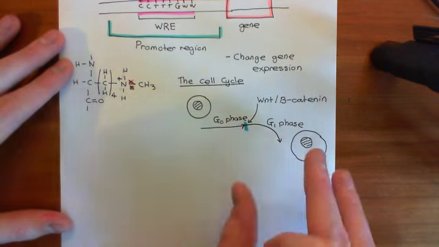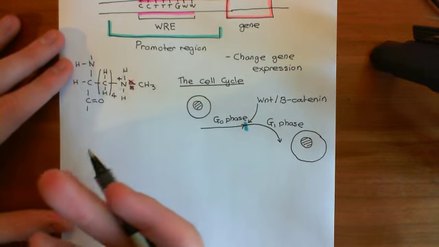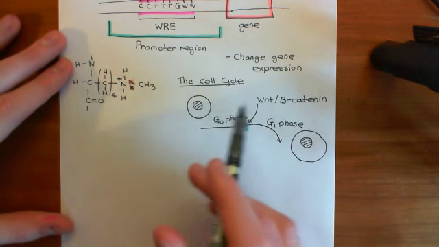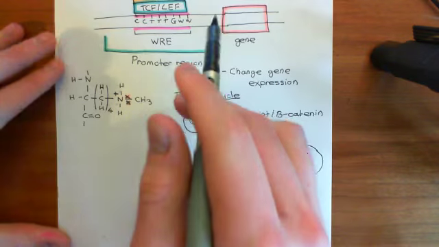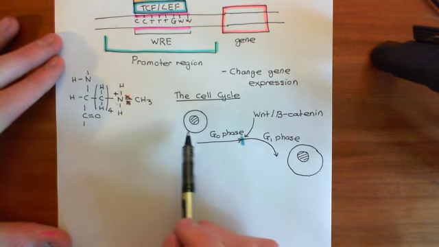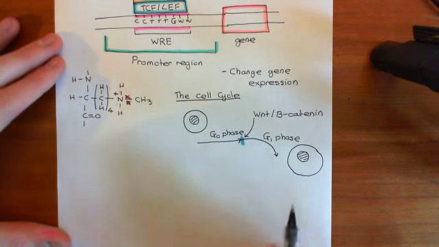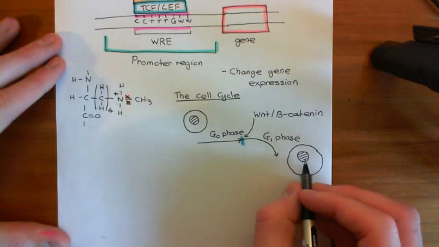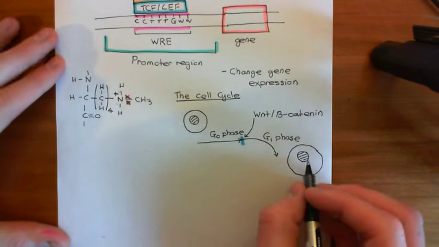You need to make more of them, okay? And to make more protein, you need to activate the transcription of the genes for these proteins, and that's what we're doing here. We are activating the transcription of the genes that are going to be involved in making the cell bigger, basically. Okay, in addition, in G1 phase, you prepare to copy the DNA, okay?